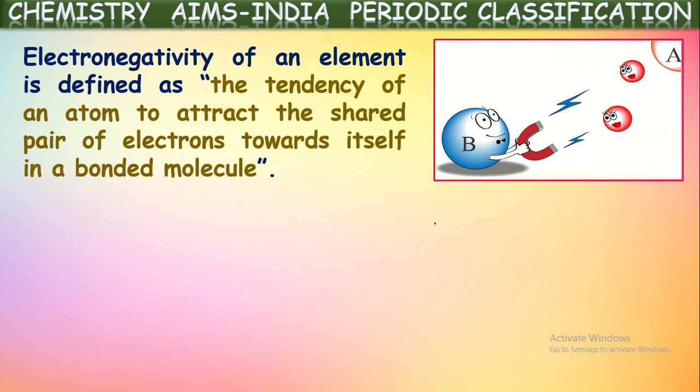The atom with greater electronegativity will attract the pair of electrons towards it more instead of sharing them equally. If A and B are two atoms and B has greater electronegativity, then it will attract the pair of electrons towards it more instead of keeping them at equal distance. This tendency of an element to attract the pair of electrons towards it more is called electronegativity.